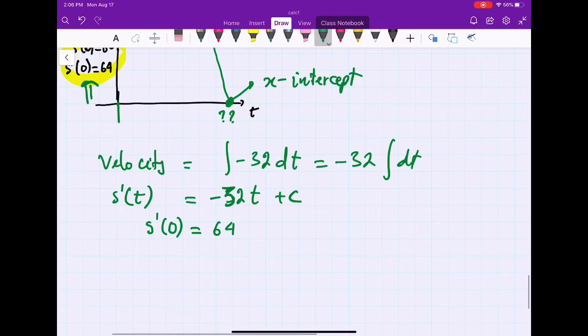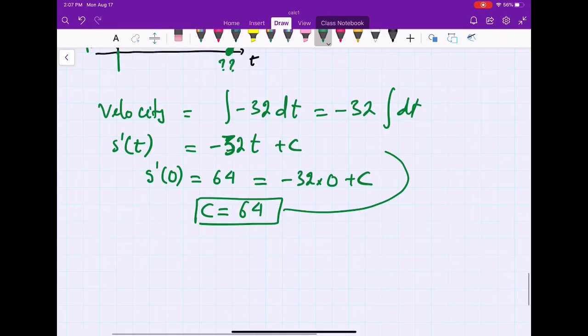That means 64 equals negative 32 times 0 plus c. So c equals 64. Then I plug 64 back here and get s prime of t equals negative 32t plus 64.